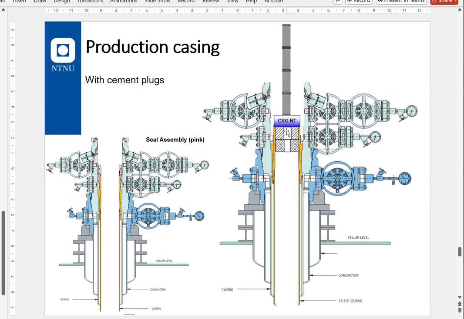The dart behind the cement lands in this plug here, and viper plugs, maybe they're called. I can't remember off the top of my head. Then this one goes all the way down to the shoe track, lands out, and squeezes all the cement through here, because it has like a shear disc.